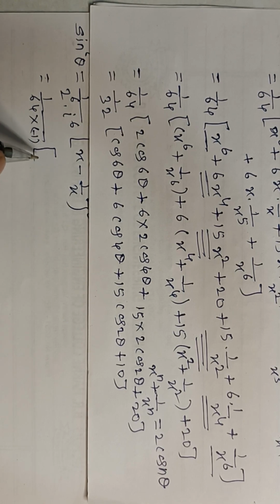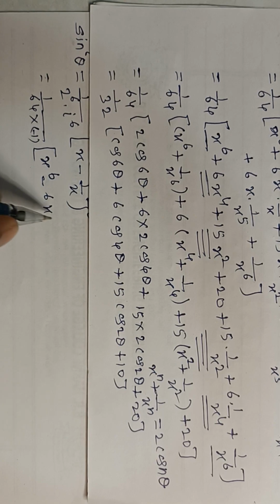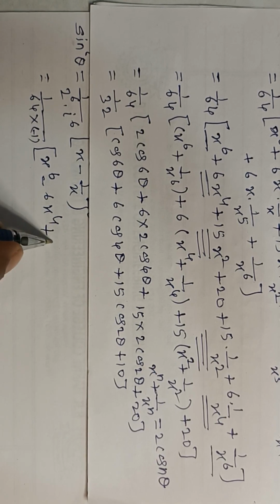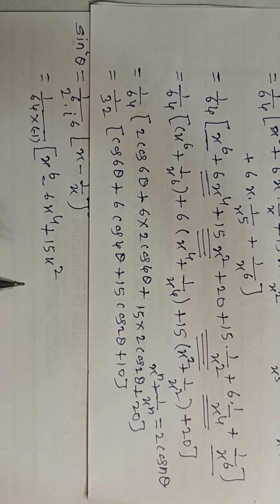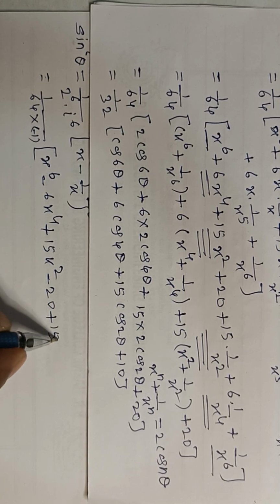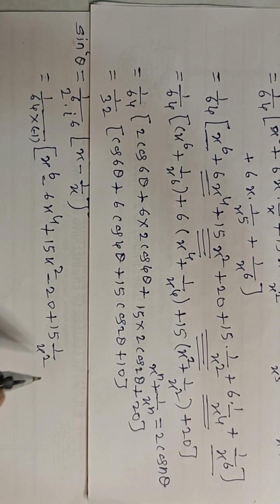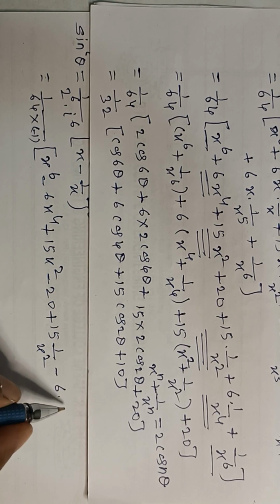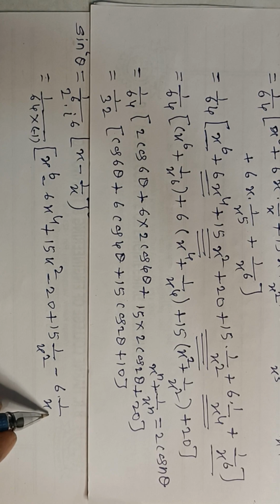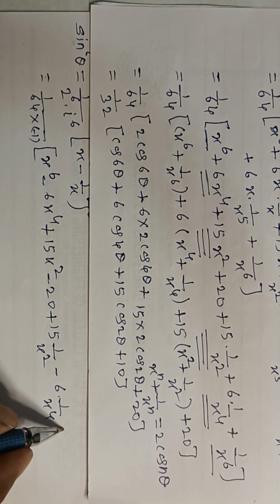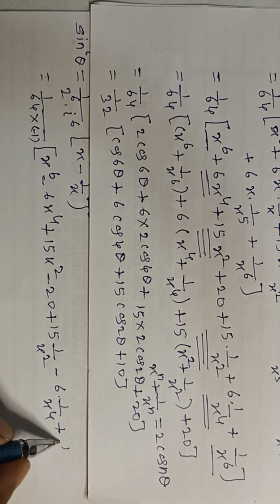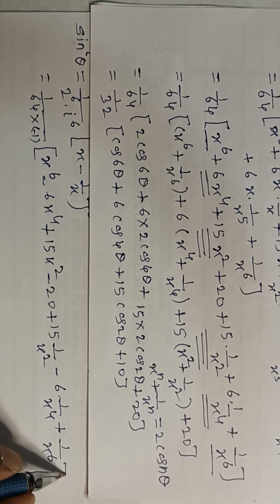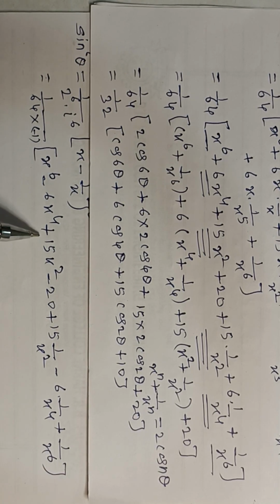So we can write like this, x to the power 6 minus 6 times x raised to 4 plus 15 times x square minus 20 plus 15 times 1 upon x square minus 6 into 1 upon x raised to 4 plus 1 upon x to the power 6. You can check here, plus minus plus minus plus minus plus.